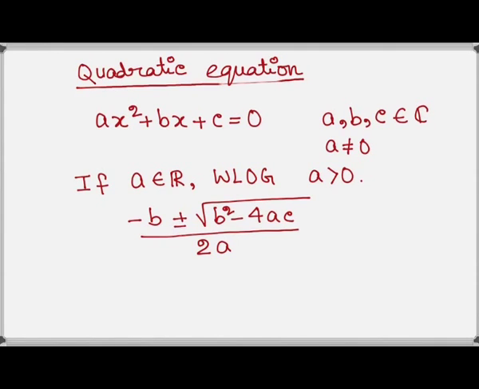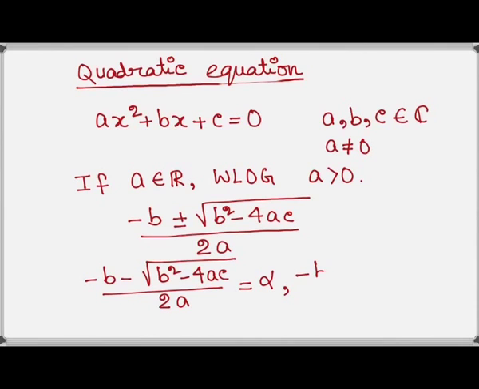And I will give a brief hint how to derive that this equation is having these two solutions. Let us call minus b minus square root of b square minus 4ac by 2a as alpha, and minus b plus square root of b square minus 4ac by 2a as beta.